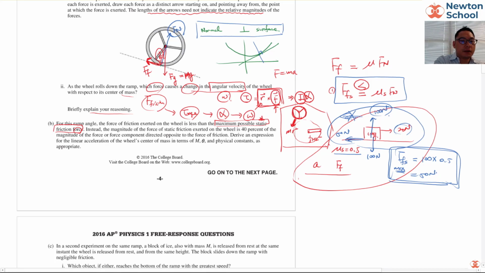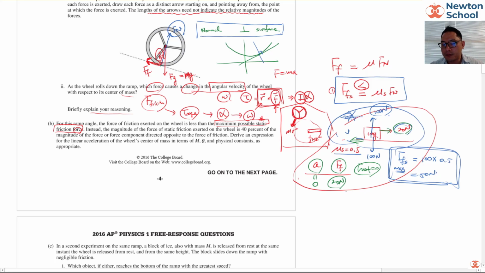So the real answer, if I ask you what is the acceleration and what is the force of friction: acceleration will be 0 because it's not going to move, and because we know acceleration is 0, that means F net has to be 0. But remember, there's a force applied of 20 Newton forward, so there must be a force backward of 20 Newton.